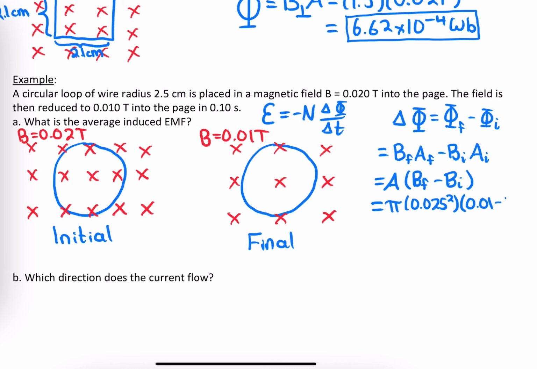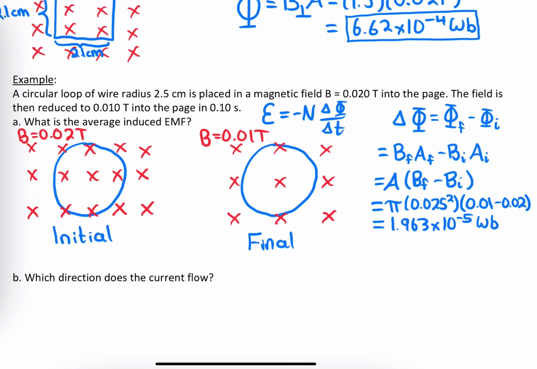And B initial was 0.02. So that gives me a change in flux of 1.963 times 10 to the negative 5. And that'll be Webers.